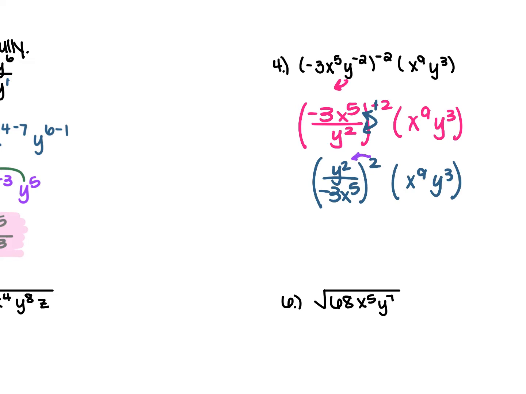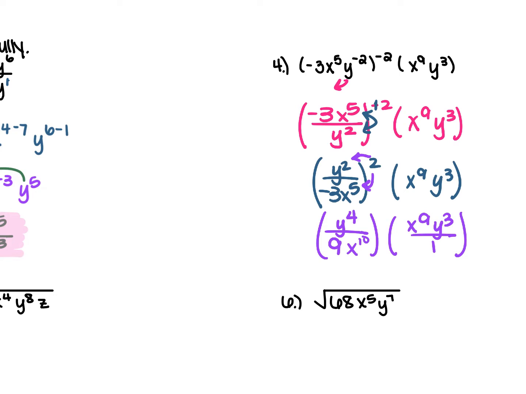That's going to go to both the numerator and the denominator. So it's going to be y squared to the 2nd power, so that's y to the 4th power, over -3 to the 2nd power, which is positive 9, x to the 5th power, raised to the 2nd power, which is x to the 10th power. This is still multiplied by that x to the 9th power, y to the 3rd power.